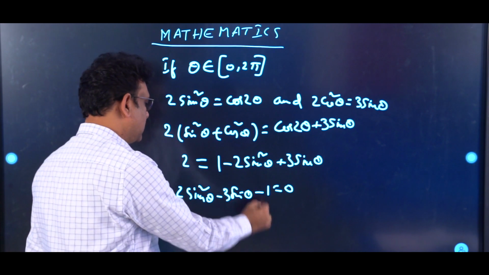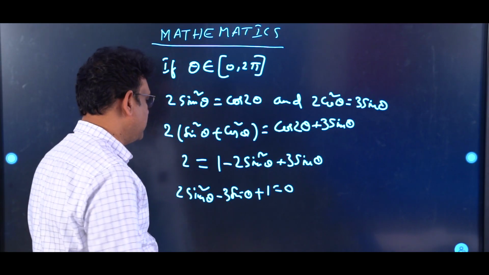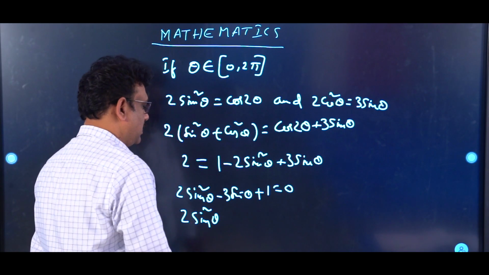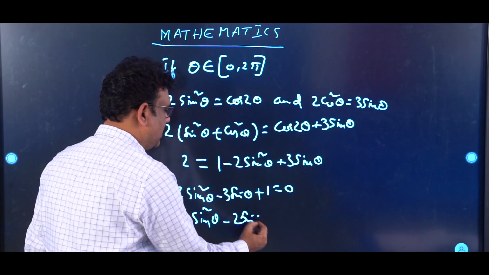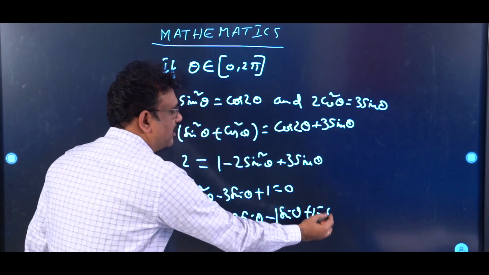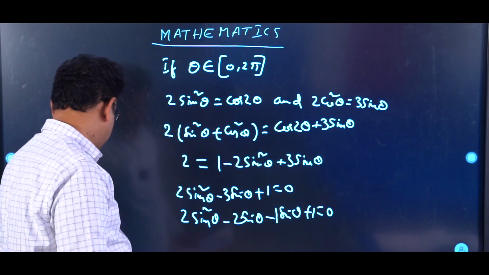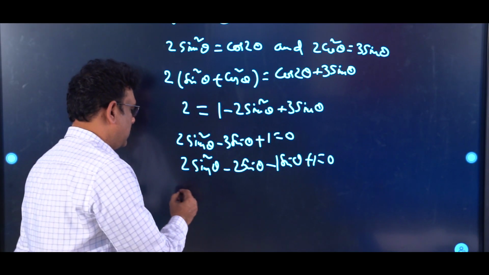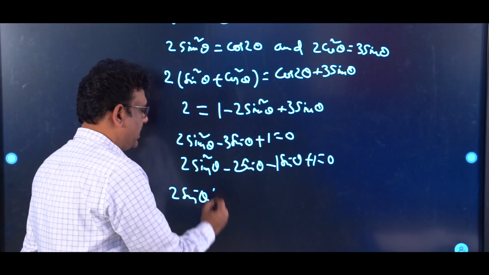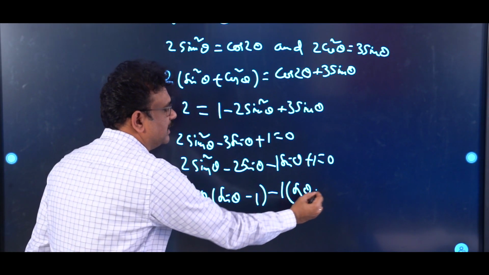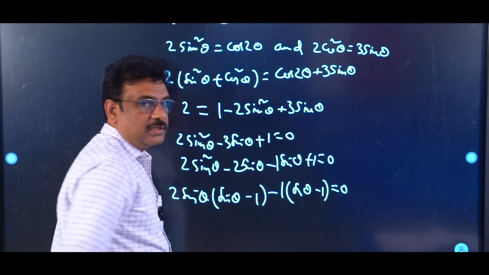So 2 sin square theta minus 2 sin theta minus 1 sin theta plus 1 equal to 0. Taking 2 sin theta common, we get 2 sin theta minus 1 into sin theta minus 1 equal to 0.